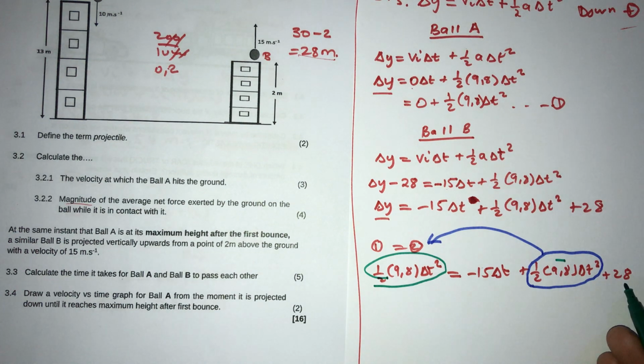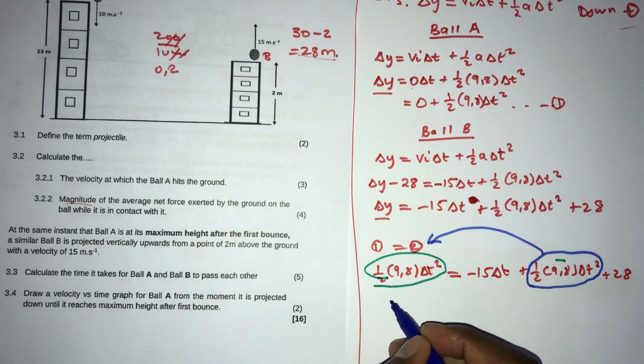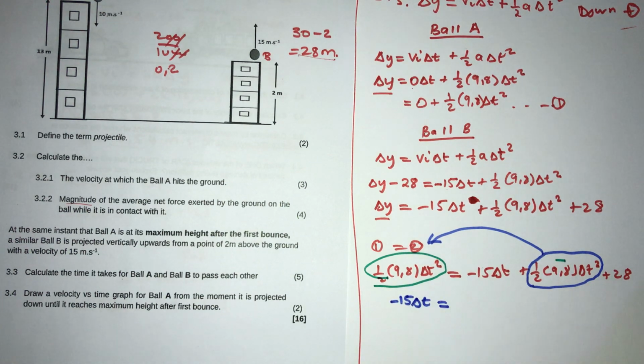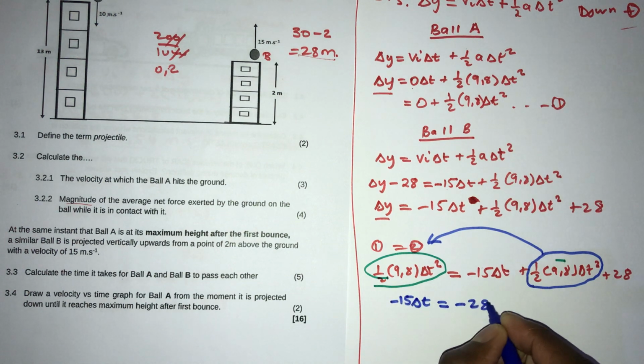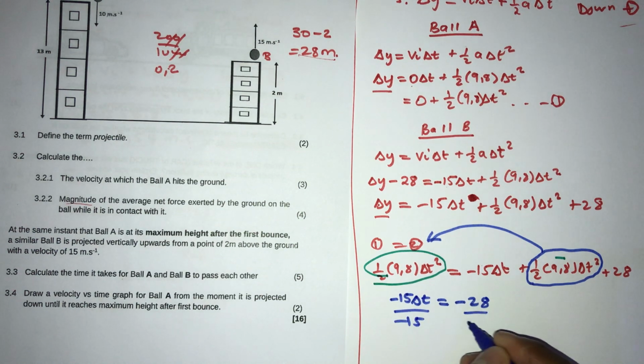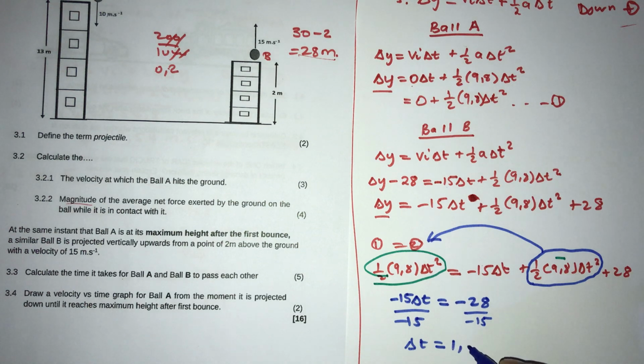We're going to take 28 back to its original position. So, we're going to have negative 15 change in t is equal to, when you take 28 to the other side, it becomes negative 28. Now we divide by negative 15, divide by negative 15. So, now the change in time is going to be 1.87 seconds. So it means that this is the time when ball A and ball B met, right?